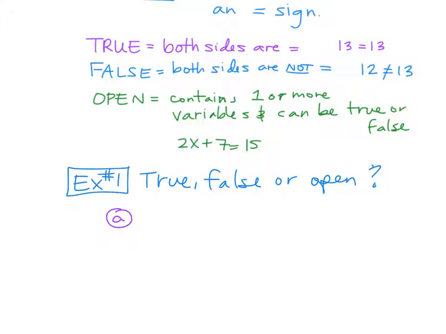Let's say I have 26 plus 5 equals 22 plus 9. That is true, right? Because 26 plus 5 is 31, and 22 plus 9 is 31. So when they equal each other, then that is a true equation.